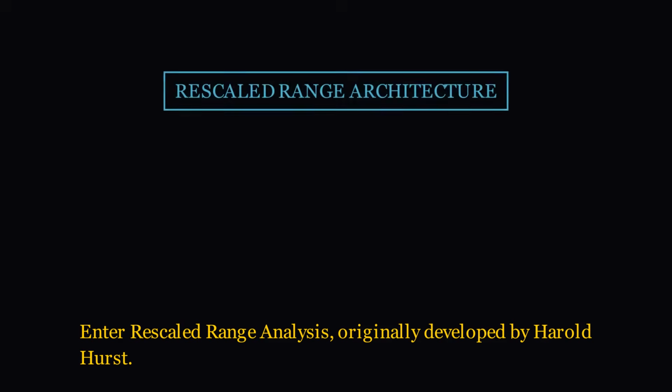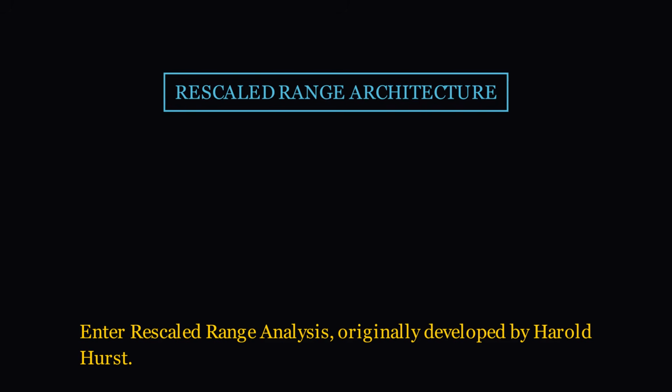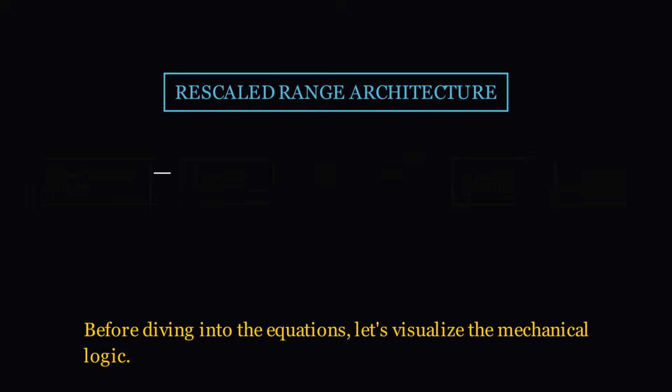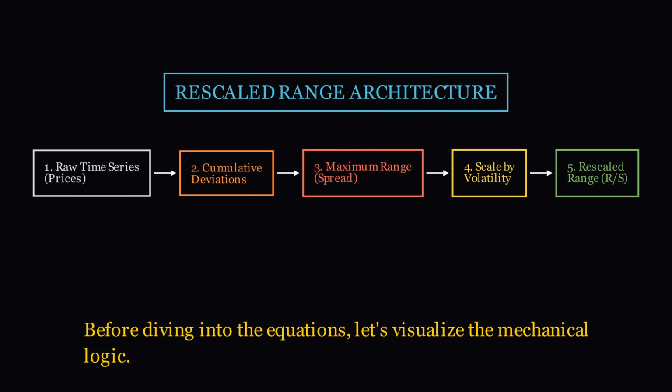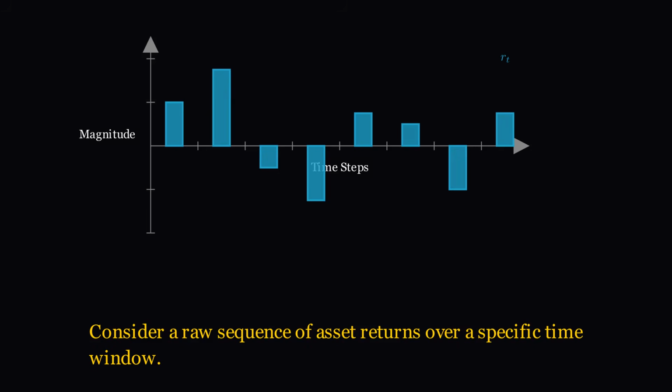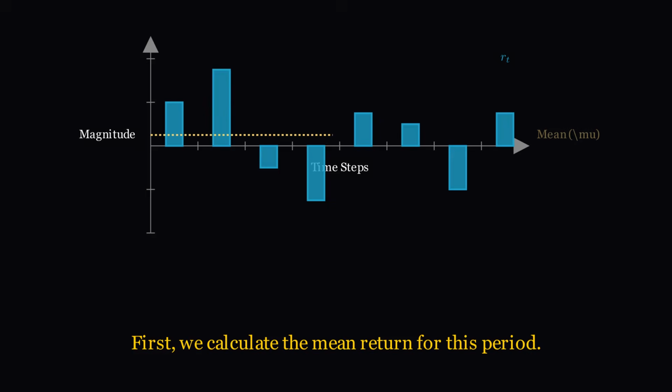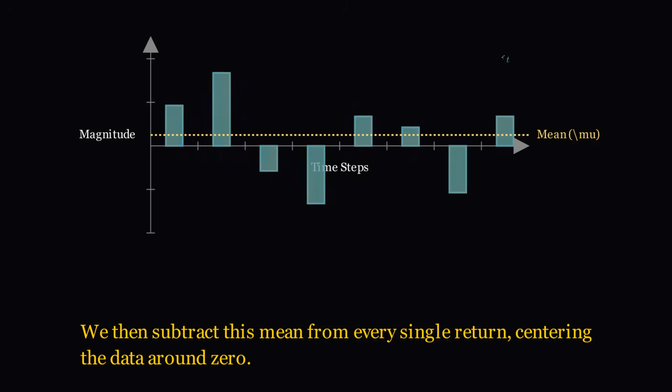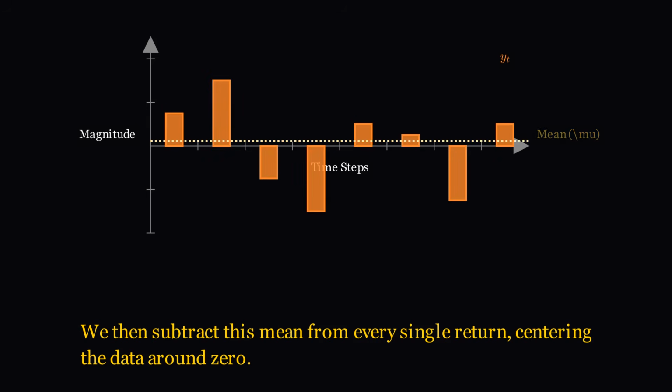Enter Rescaled range analysis, originally developed by Hurst. Before diving into the equations, let's visualize the mechanical logic. Consider a raw sequence of asset returns over a specific time window. First, we calculate the mean return for this period. We then subtract this mean from every single return, centering the data around zero.